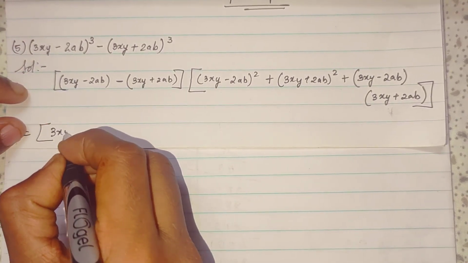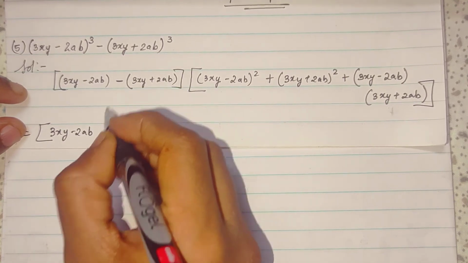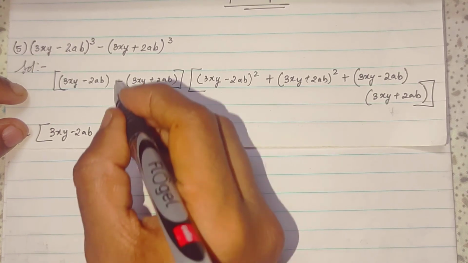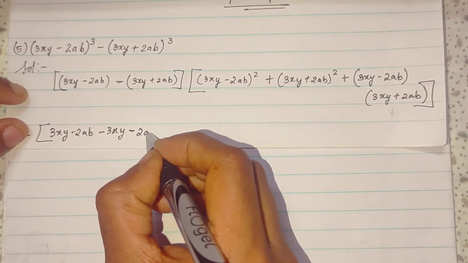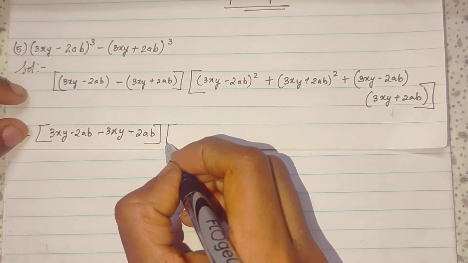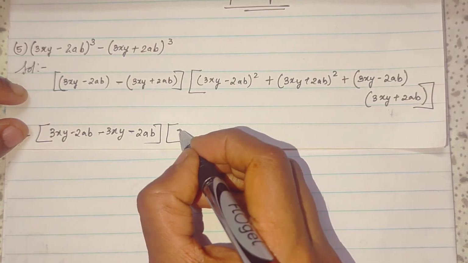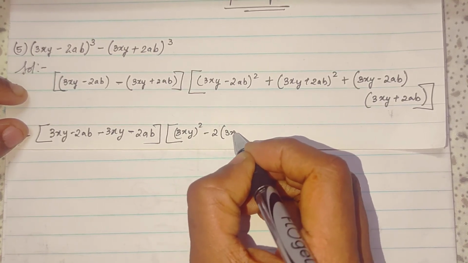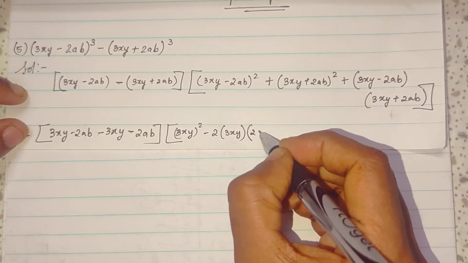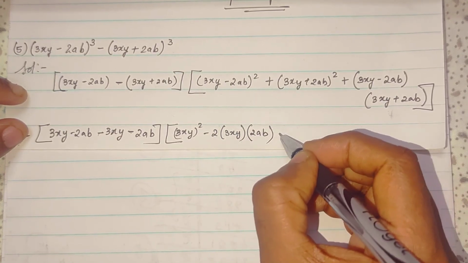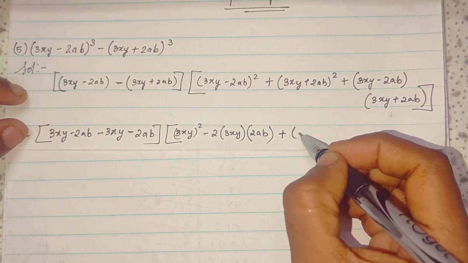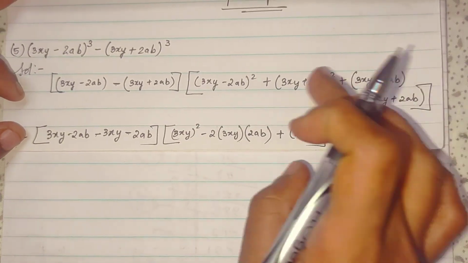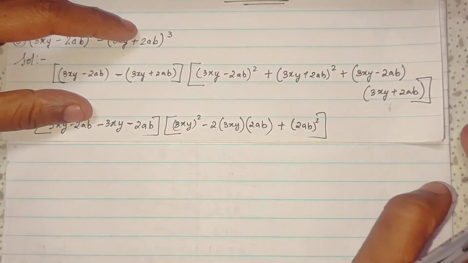So 3xy minus 2ab minus 3xy. See, minus into plus is minus, minus into plus is minus 2ab. Then ये फॉर्मूला बन जाएगा a square minus 2 into a into b, okay, plus b square, okay, and then इसका भी फॉर्मूला स्प्लिट करेंगे.